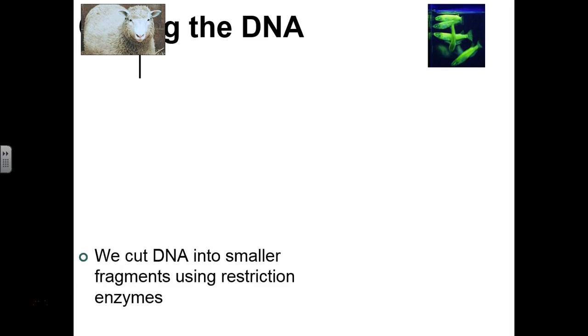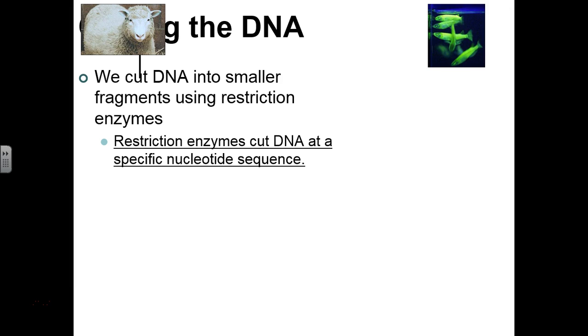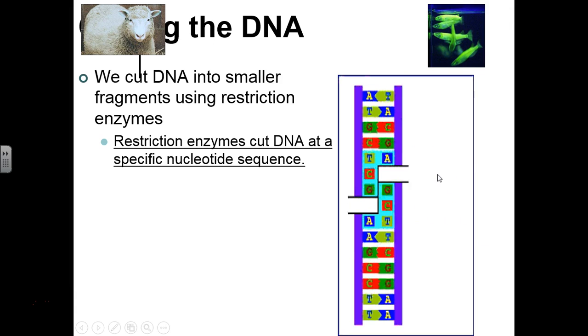So, about how we cut DNA. We use these things called restriction enzymes to cut the DNA. They're kind of like scissors that go through, and they cut at specific nucleotide sequences. So here's a little animation. There's this restriction enzyme that is looking for a specific sequence in this strand of DNA, and it's going to cut those pieces.